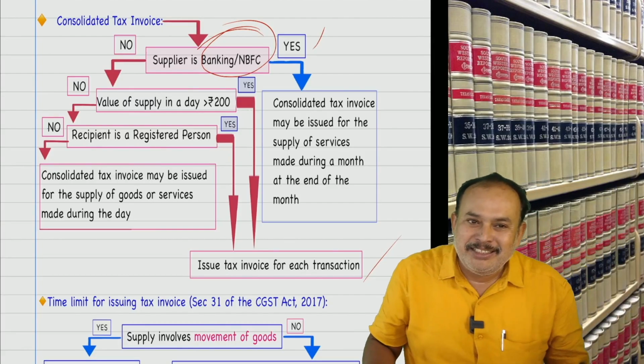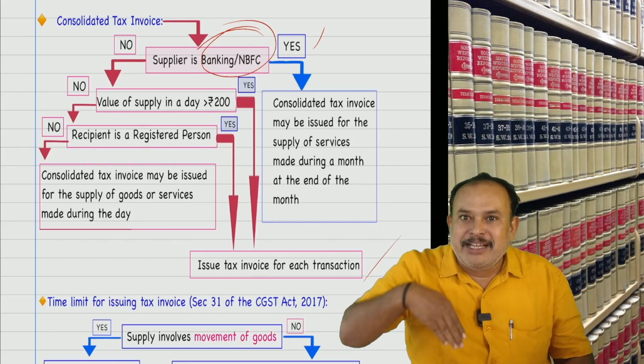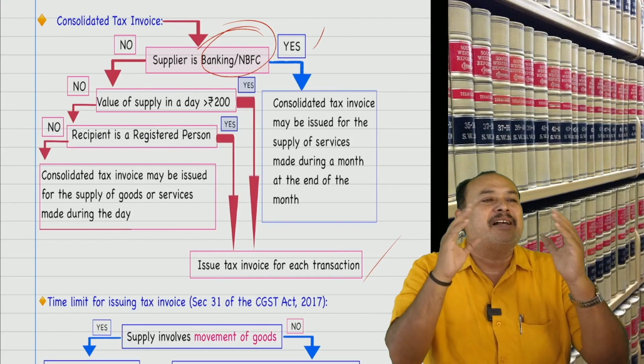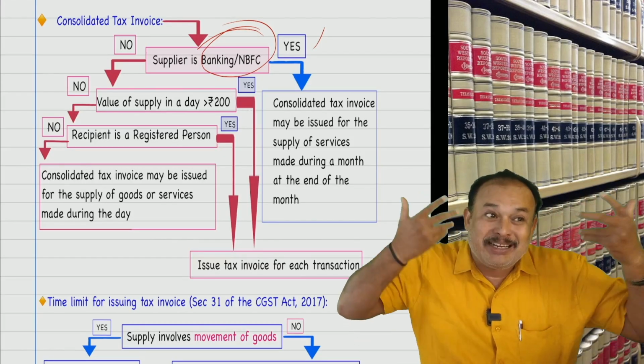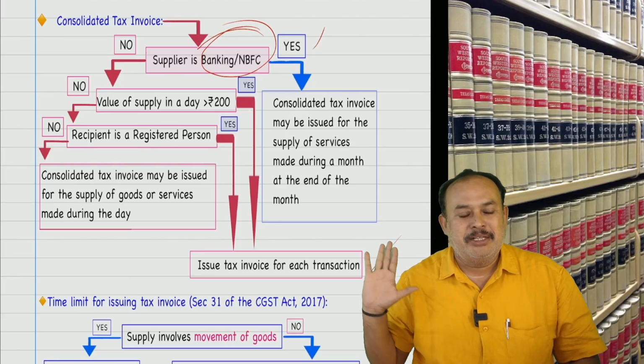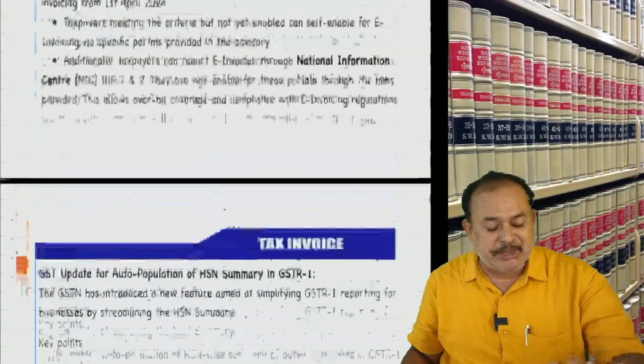Not exceeded 200? To whom did I supply? An unregistered person. For the entire day, one invoice can be issued. What type of invoice? A consolidated tax invoice can be issued, because the supply is to an unregistered person. Get my points? That's it. With that, moving on to the points further here, for your kind consideration.